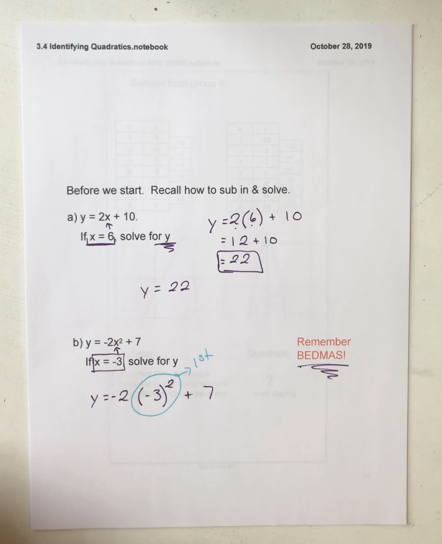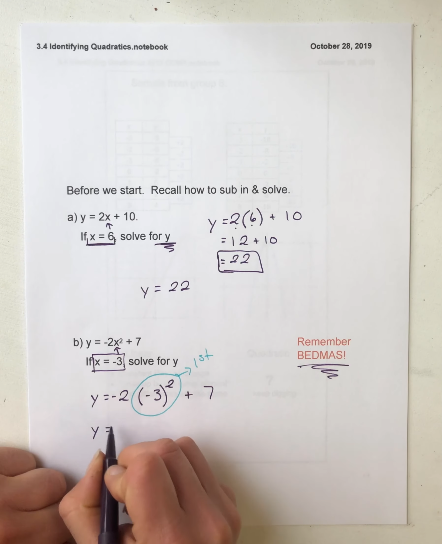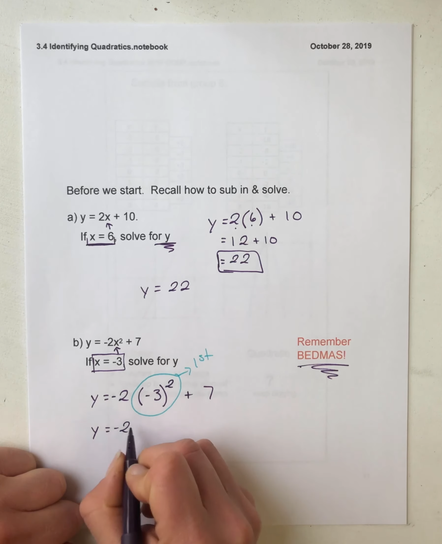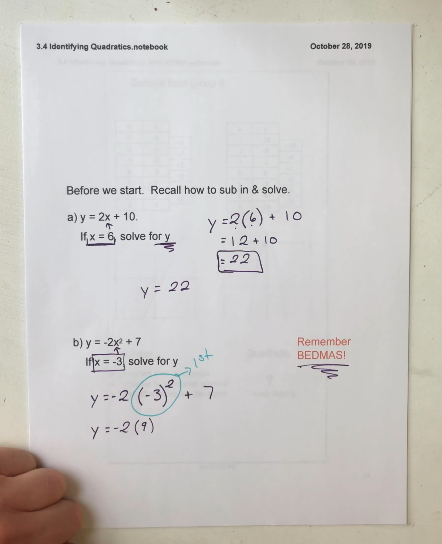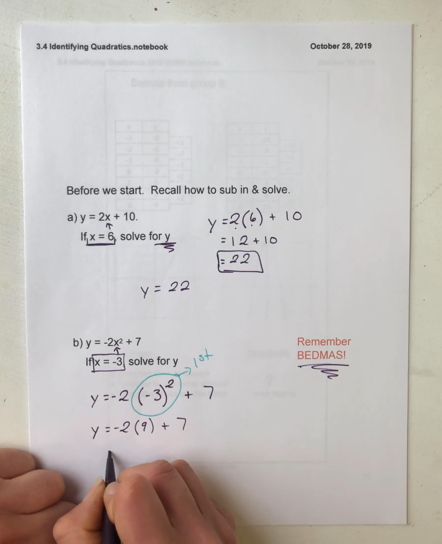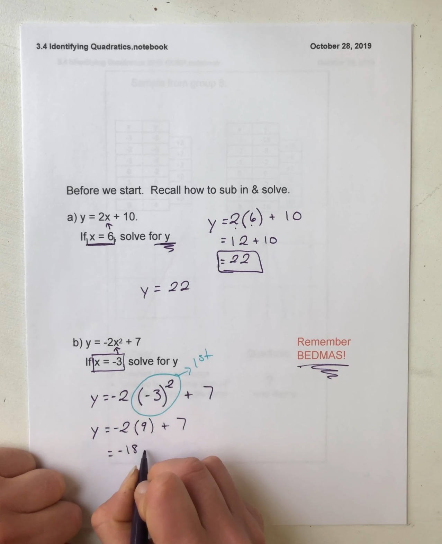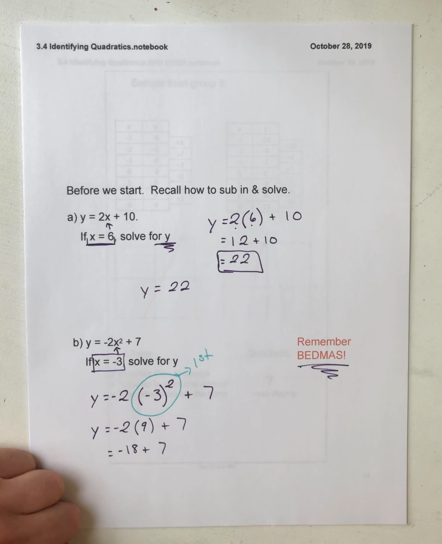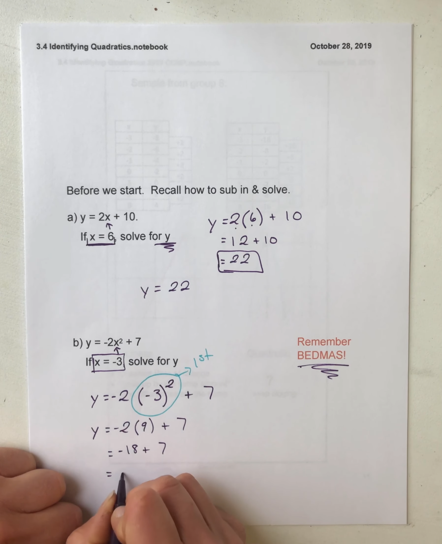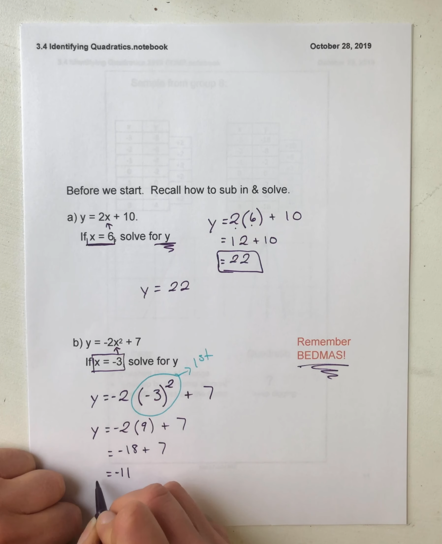Okay, so -3 to the exponent 2 gives us 9. And then -2 times 9 gives us -18, plus 7. -18 plus 7 gives us -11.